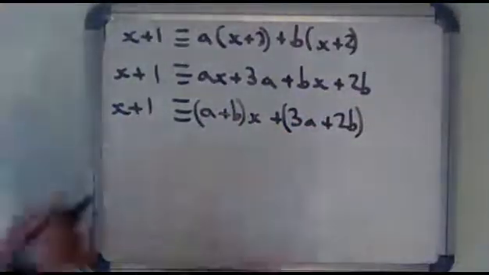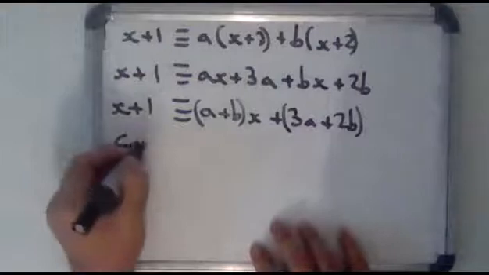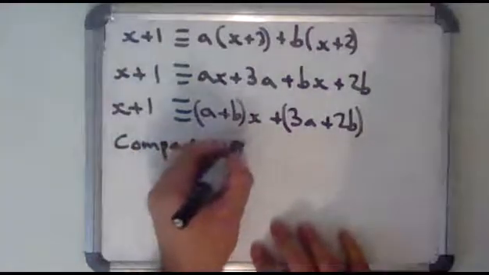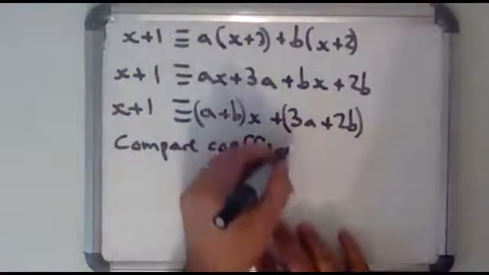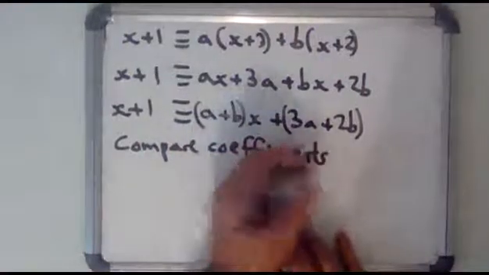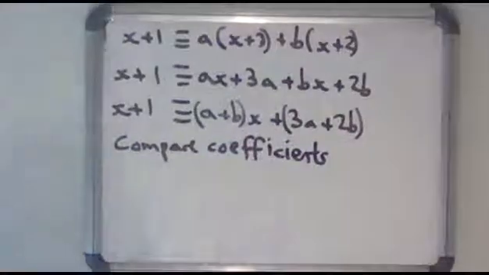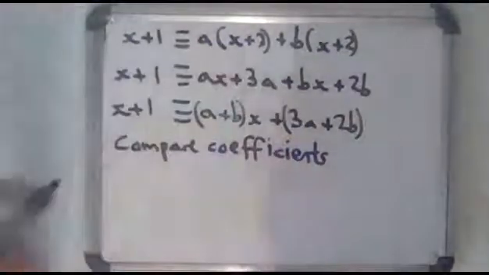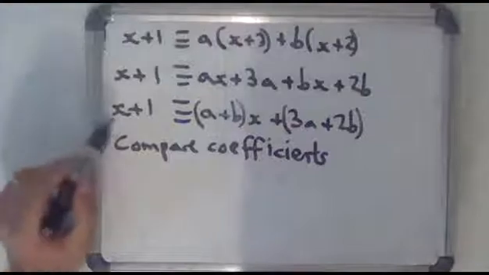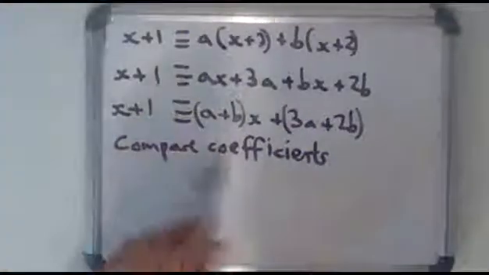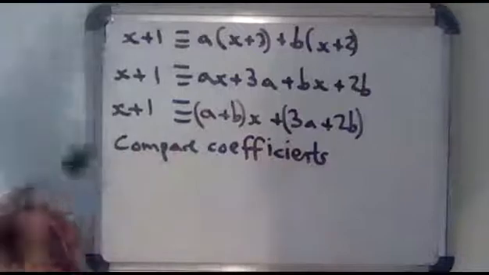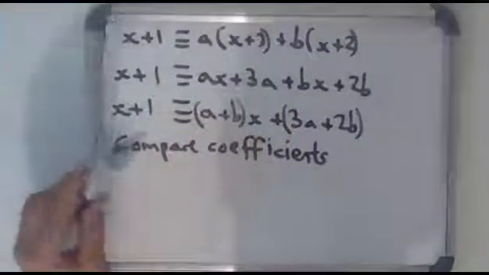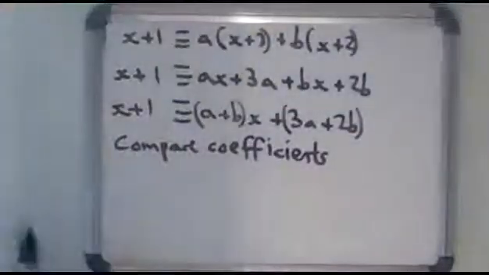Right, so now you can compare coefficients. What I mean by that is these two are completely identical expressions, so the number of x's on the left hand side must be equal to the number of x's on the right hand side. The constant term on the left hand side must be equal to the constant term on the right hand side.